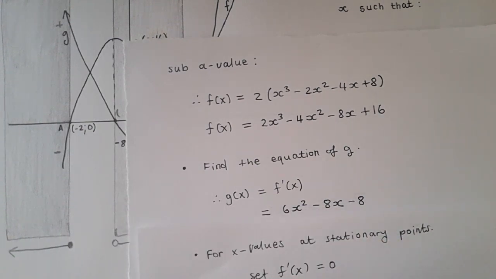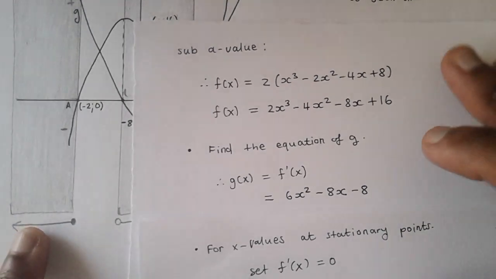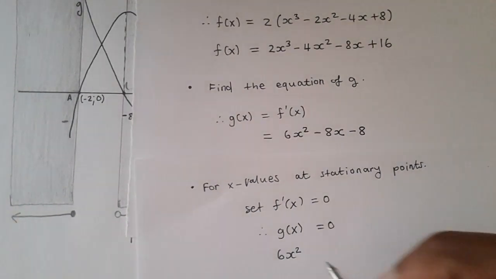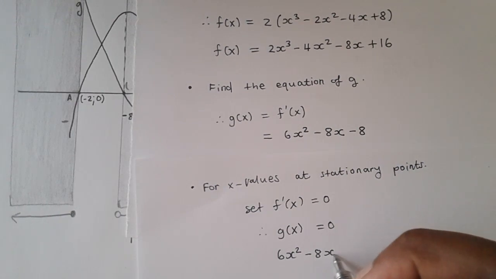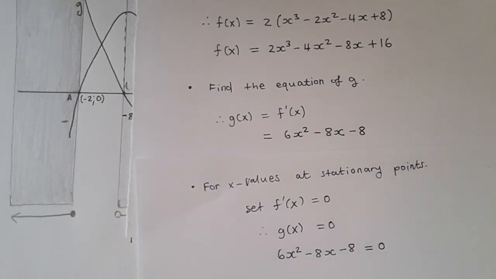So f prime of x is g of x, so g of x equal to 0, which gives us 6x squared minus 8x minus 8 equal to 0, okay.